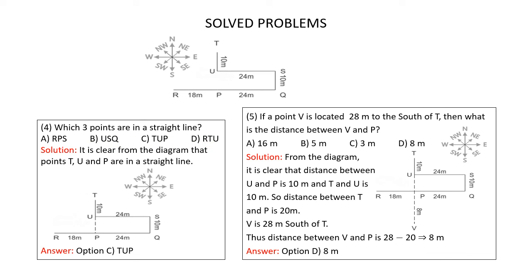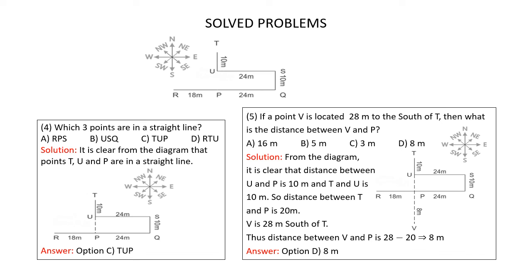So let's look out for some other points which are in a straight line, 3 points in a straight line. Now from this diagram you can see that PQ is 24 meters and US is 24 meters.